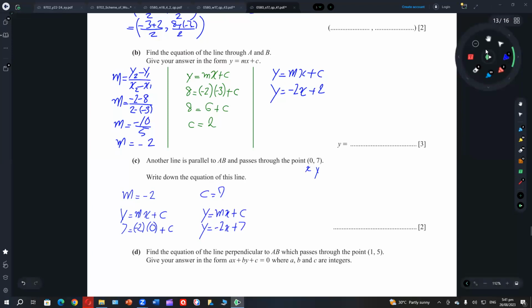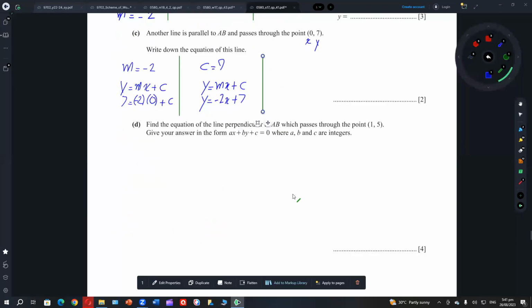First, always you have to find the y-intercept. Find the equation.